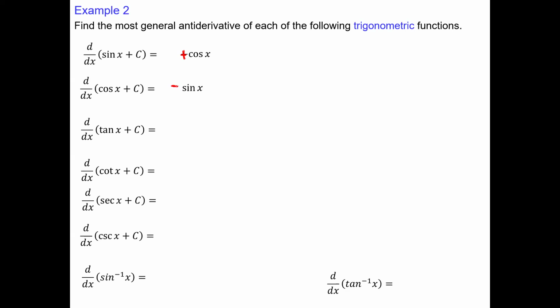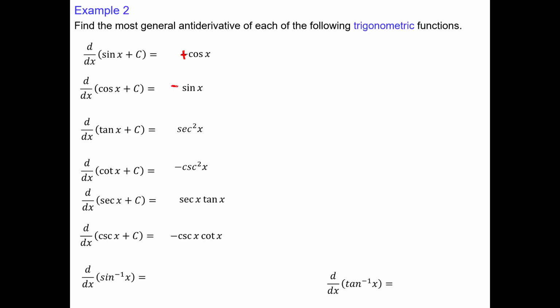The derivative of tangent of x plus the constant is secant squared of x. For cotangent of x, negative cosecant squared of x. Secant, the derivative is secant x tangent x. Cosecant, negative cosecant cotangent.